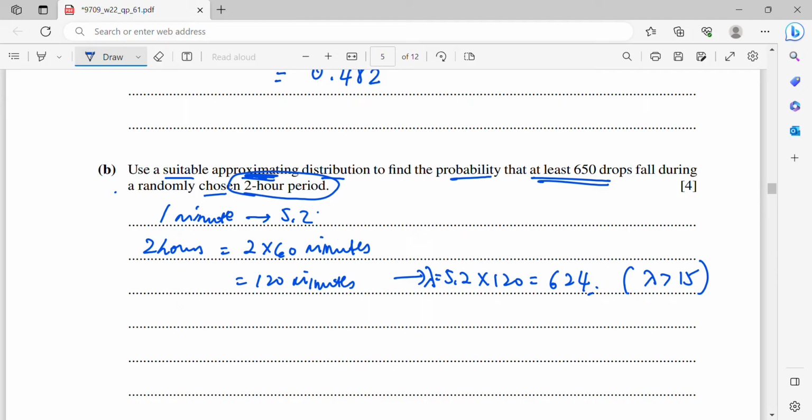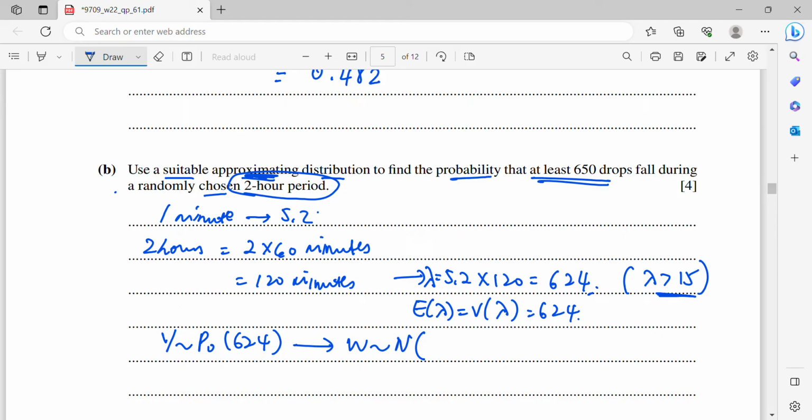For Poisson, the mean is the same as the variance, which is 624. So from here I will say that my Y is Poisson(624). Since this is greater than 15, we approximate using normal. For the normal distribution, we need the mean and variance.